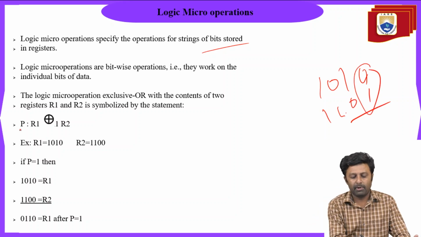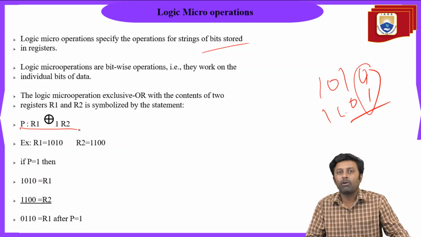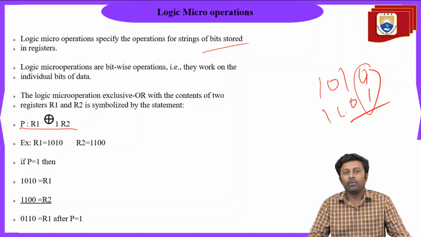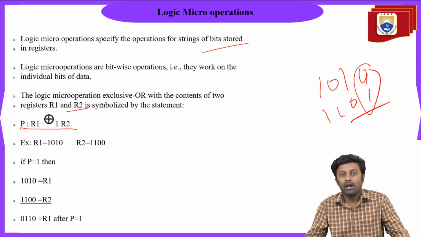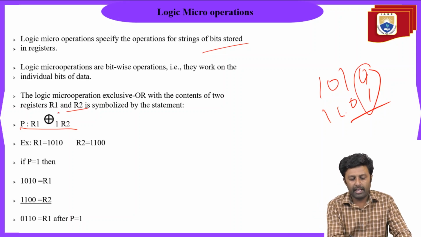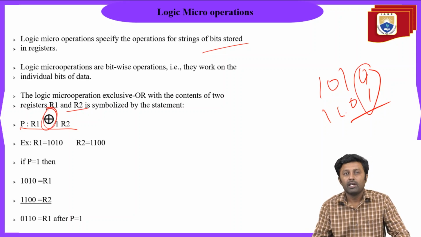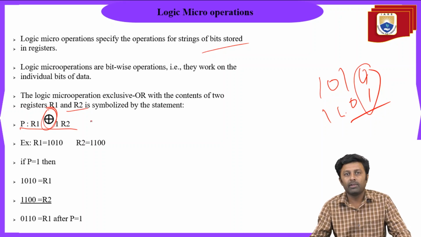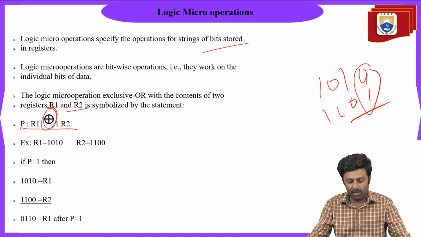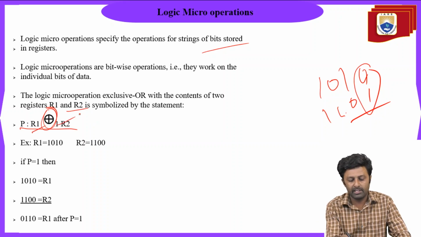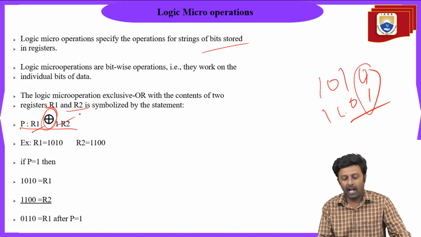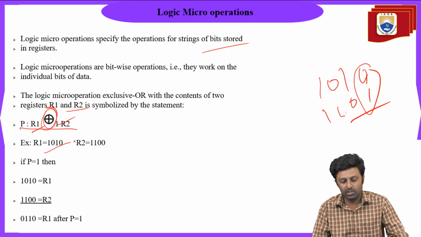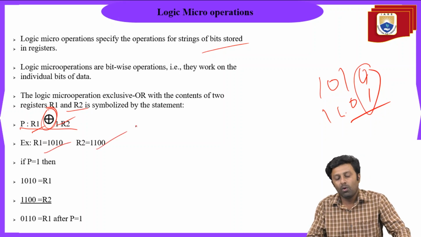Let us say in this example we have taken the logical microoperation for XOR with the 2 registers R1 and R2. The XOR operation is specified with this XOR symbol. Here P: R1 XOR R2 indicates the logical operation of the 2 registers. The R1 register consists of the data 1010 and R2 consists of 1100.